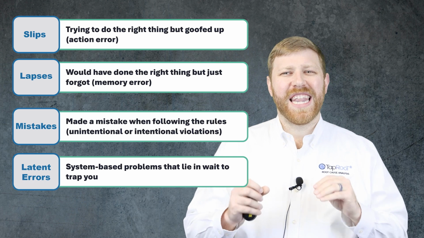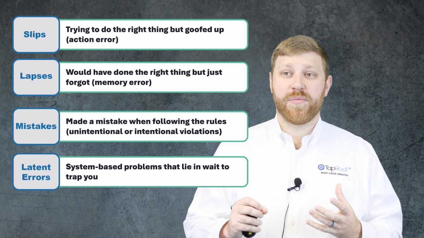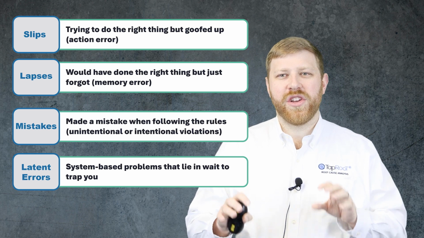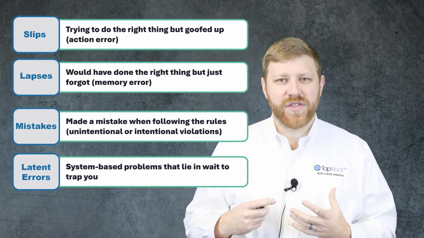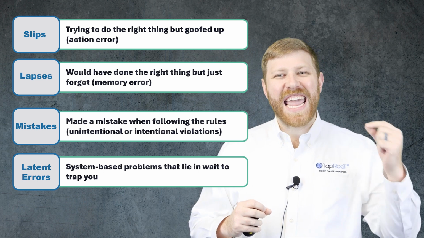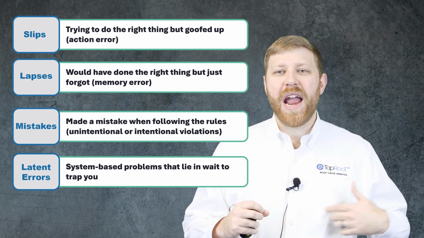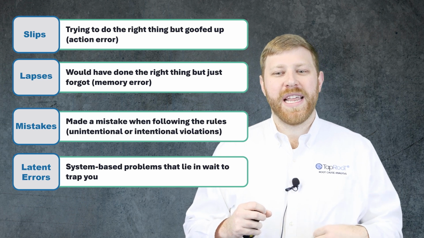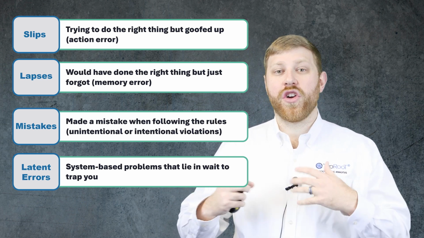We also have latent errors. Now, a latent error is a system-based problem that lies in wait to trap you. Originally, this came out of the medical industry when they thought of latent conditions, right? You might have had a parasite that was laying dormant in you and something caused it to activate and start to grow.